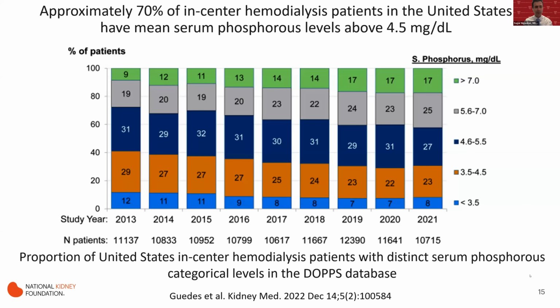And I think the main point from this slide is in the title: 70% of these in-center hemodialysis patients in the US have mean serum phosphorus levels that are more than 4.5. And if we go by, as Brandon was suggesting, laboratory levels, the upper limit of that normal range is 4.5. So the majority of patients are staying above that range.